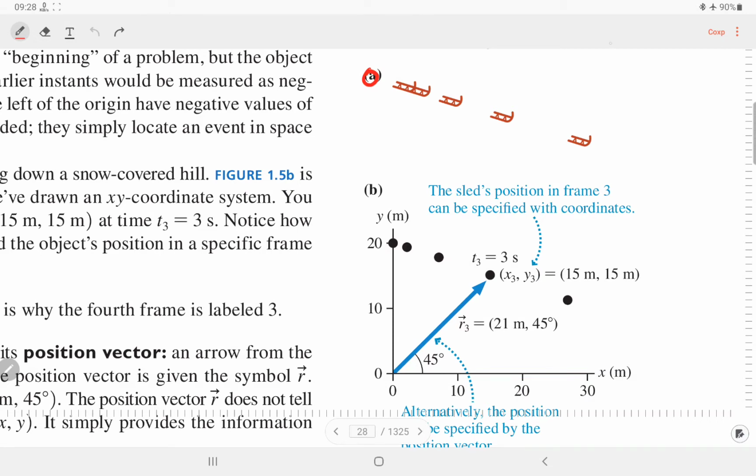Usually we choose like this. This is the x coordinate, this is the y coordinate, this is the origin, where x equal to 0, y equal to 0. And you can see it in the next diagram.